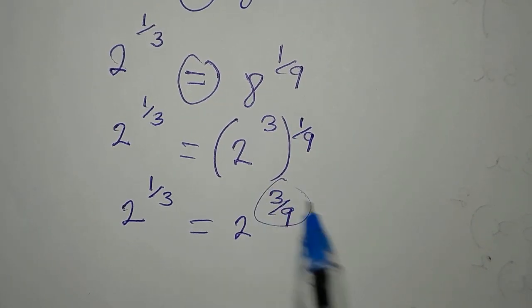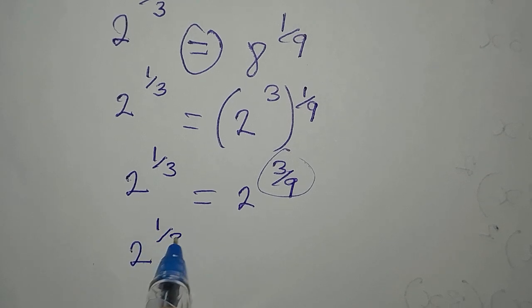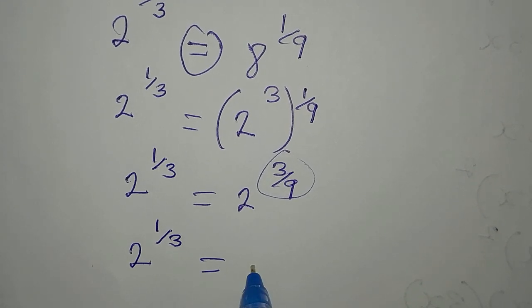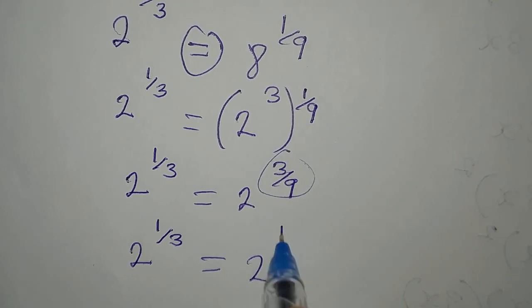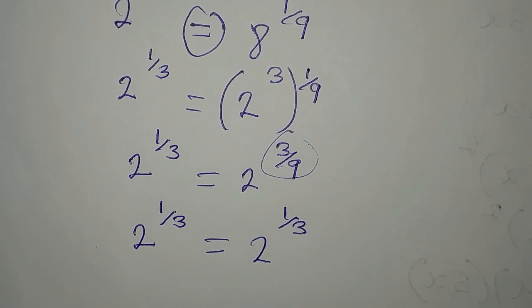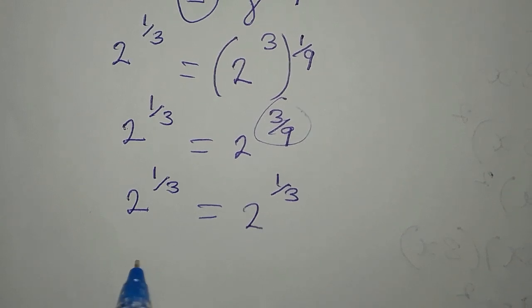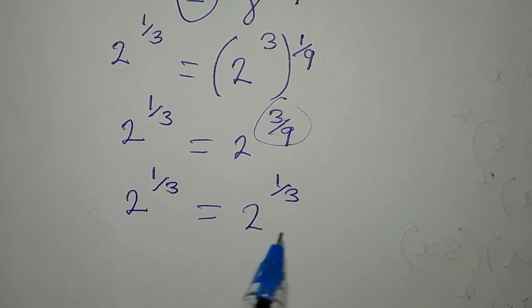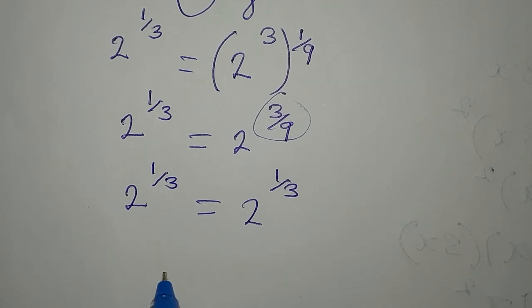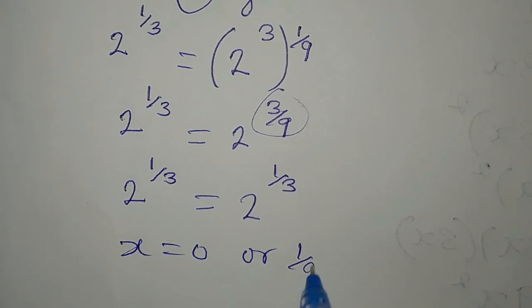Now we can reduce this fraction so that we have 2 to the power of 1 over 3, because 3 into 3 is 1 and 3 into 9 is 3. Okay, so this means that the left hand side is equal to the right hand side, and it confirms that x equals 0 or 1 over 9.